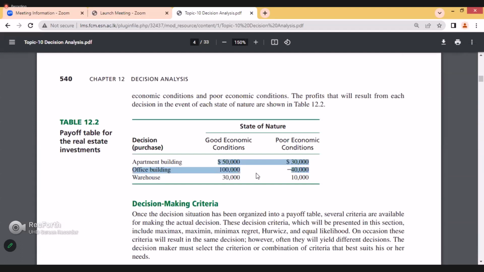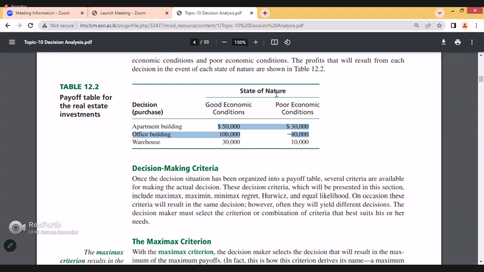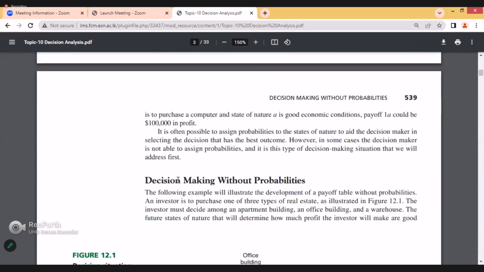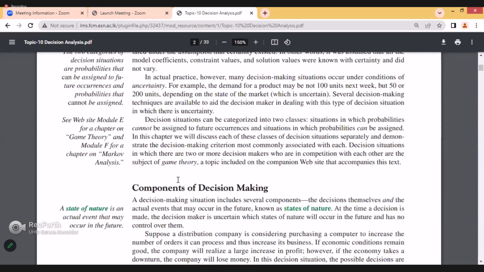So the payoff table should have the states of nature and the decision types, and how much money we will gain or lose financially. By incorporating these three, we can develop a payoff table. So these three things are basic: type of decisions, state of nature, and the payoff table.